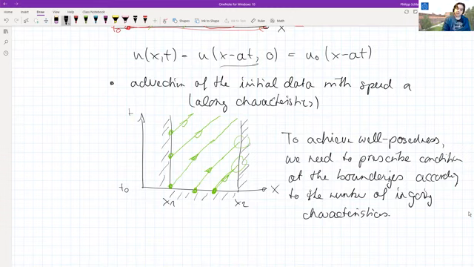So that means if I have one ingoing characteristic, I need to specify one boundary condition. If I have one outgoing characteristic, I need to specify 0 boundary conditions, because the information is just leaving the domain.